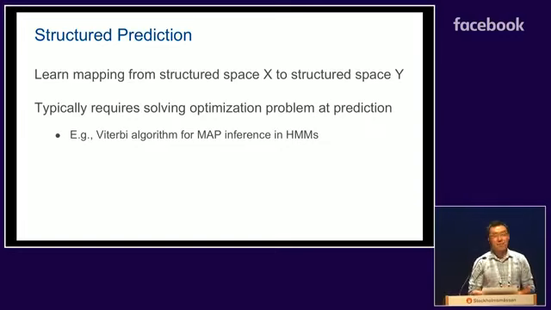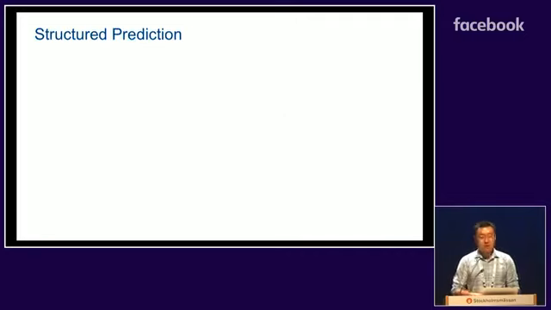Perhaps the most common example is the Viterbi algorithm for running MAP inference of hidden Markov models, where the structured output space is the space of all possible sequential outputs. And so there are many, many instances of structured prediction. And in fact, arguably the vast majority of prediction problems that we actually are interested in the real world are structured prediction problems. We just often don't treat them as such.